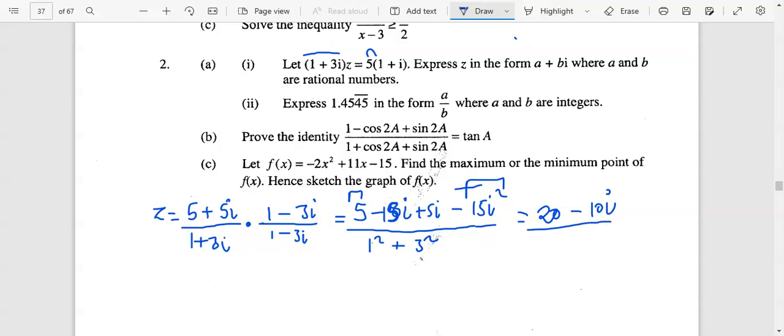And then you have got a denominator there where you've got 1 squared plus 3 squared, which is of course a 10. And then 10 into 20, and 10 into negative 10i, that is negative i. So this is z in the form a plus ib.